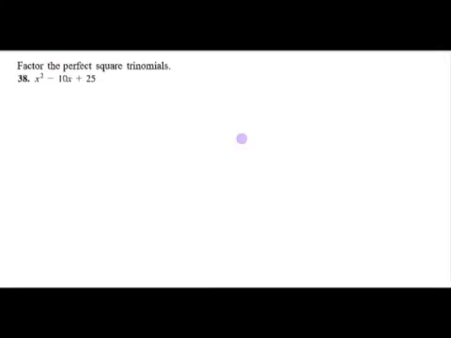So let's factor the perfect square trinomials here. I know I'm going to have a binomial squared. I'm going to take the square root of this and put it here. The square root of this, put it here, and the sign here is going to be the sign for my factor.